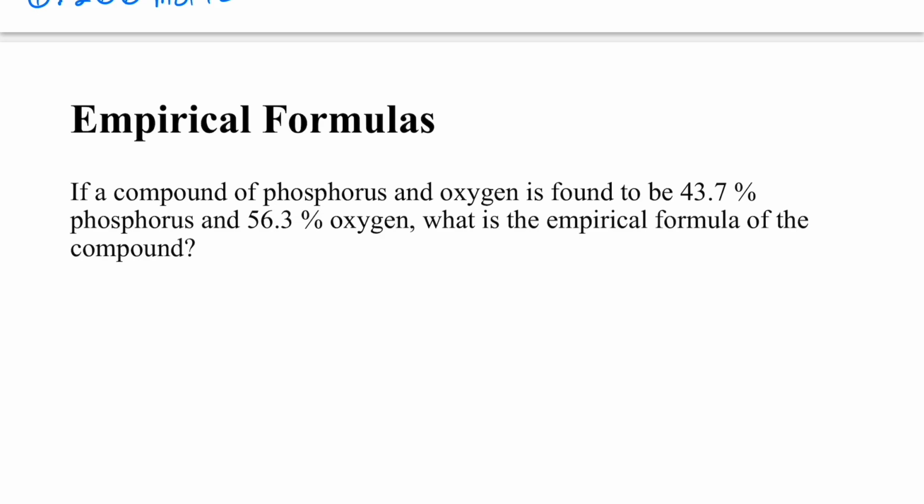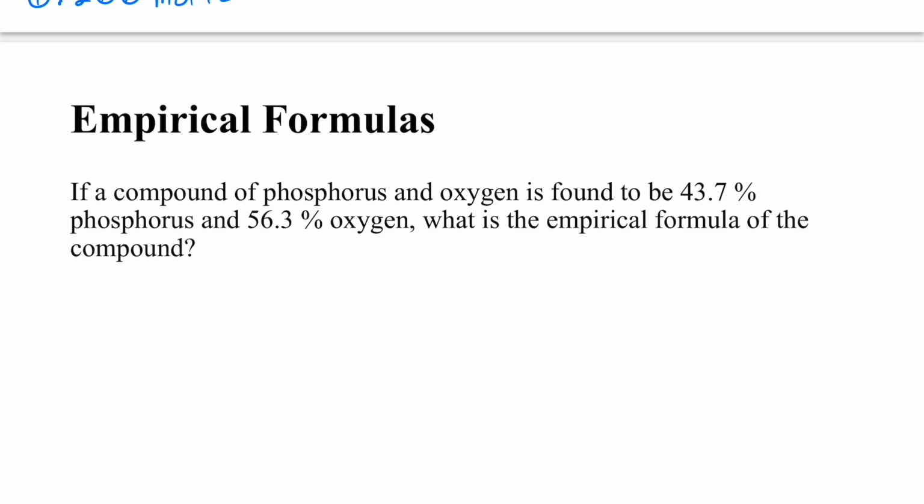So 100% of the compound is divided into 43.7% phosphorus and 56.3% oxygen. So what we do is we assume that our total sample is 100 grams if we're dealing with percentages. And then we can just say we have 43.7 grams of phosphorus and 56.3 grams of oxygen. Again, because our percentages add up to 100, if we assume the sample is 100 grams, we can just work from those numbers.